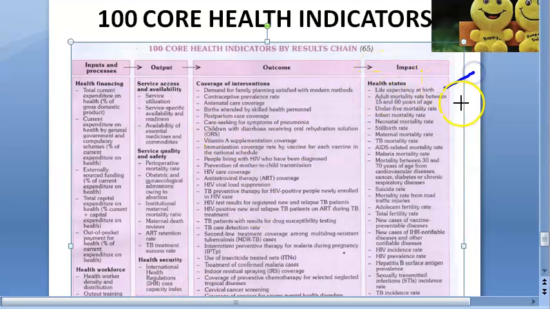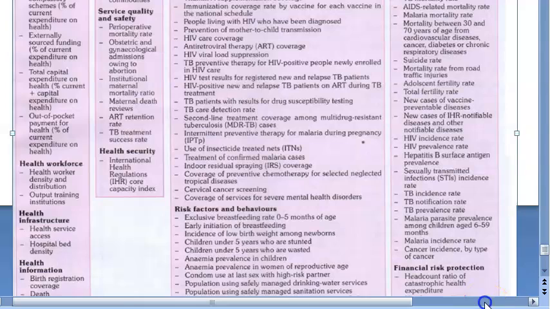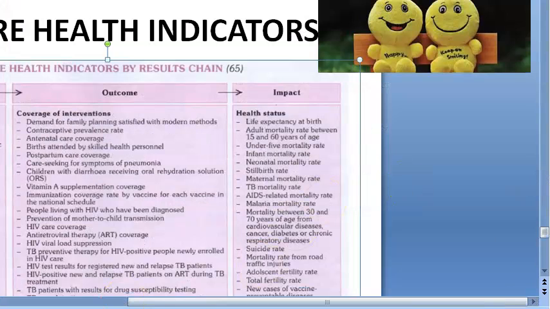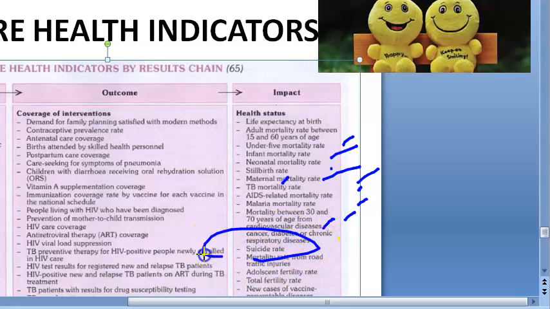Health status: life expectancy at birth, adult mortality rate, under 5 mortality rate, infant mortality rate, neonatal mortality rate, stillbirth mortality rate, maternal mortality, TB mortality, AIDS, malaria, mortality between 30 and 70 years, cardiovascular diseases, cancer, diabetes, suicide rates. Suicide they have included here. That's the only thing new.